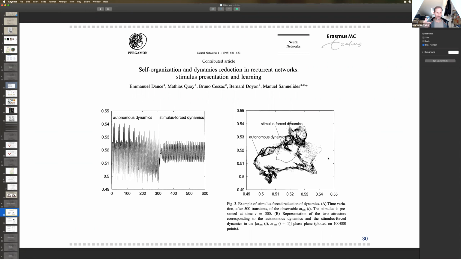The network, when it's in spontaneous mode, is exploring. So here we have 10,000 points in this network. On the left you have only 600 time steps, but on the right you have 10,000 points in the time series. So a lot of states. The network goes from one state to another, and then from another state to another.